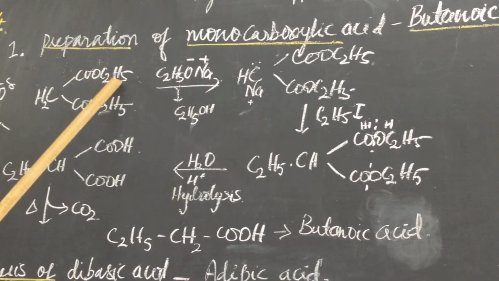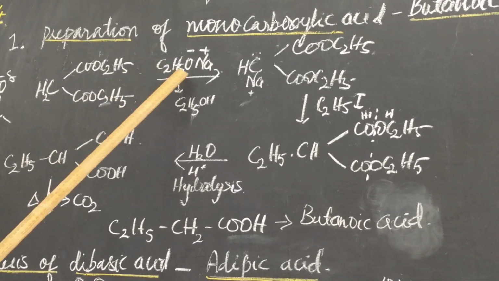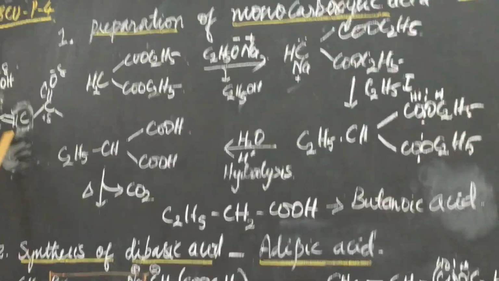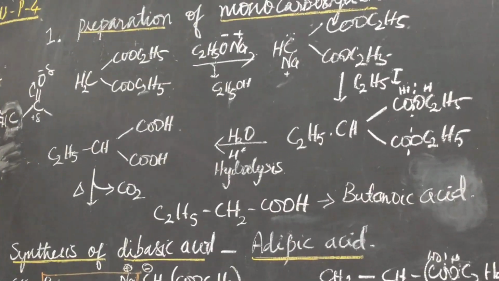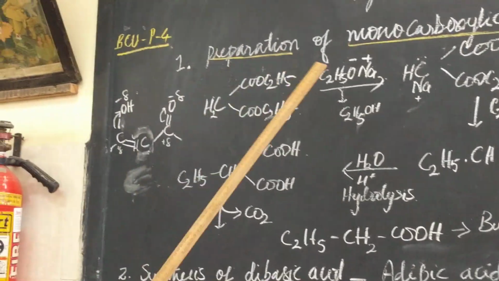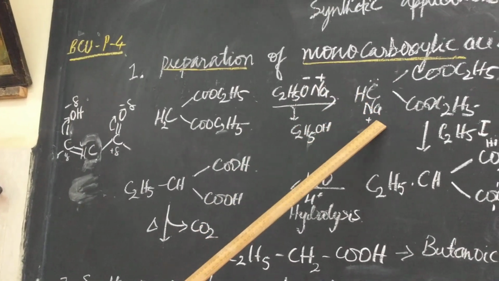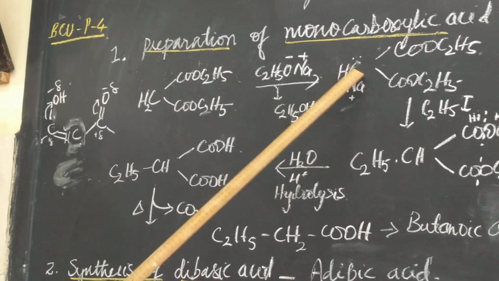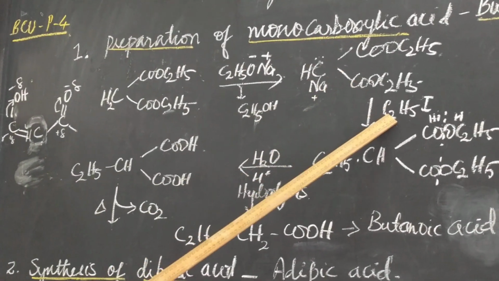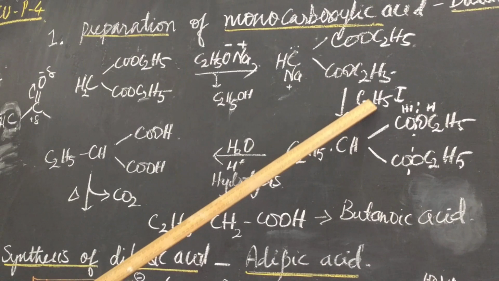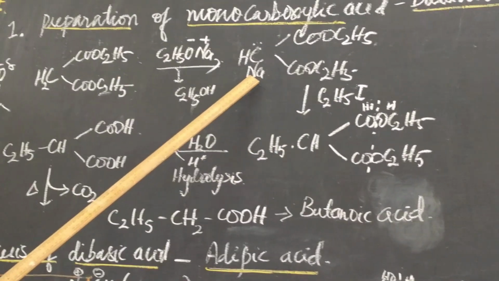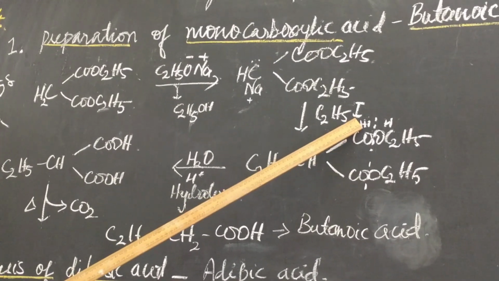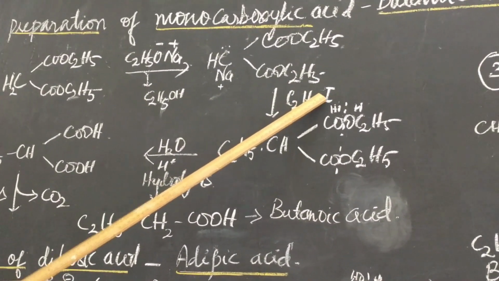So now when I react this diethyl malonate with my sodium ethoxide, this acidic hydrogen which has gone there, this hydrogen is substituted by this sodium. Next, when I react it with ethyl iodide, which is my alkyl halide, now this very electropositive sodium interacts with iodide, which is very electronegative.